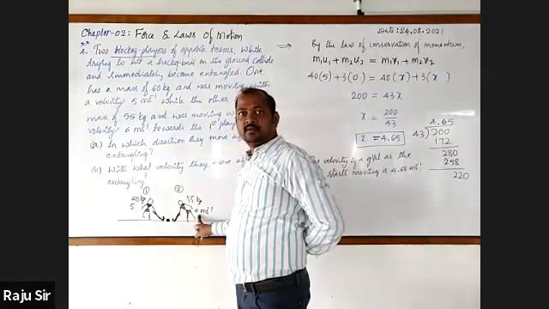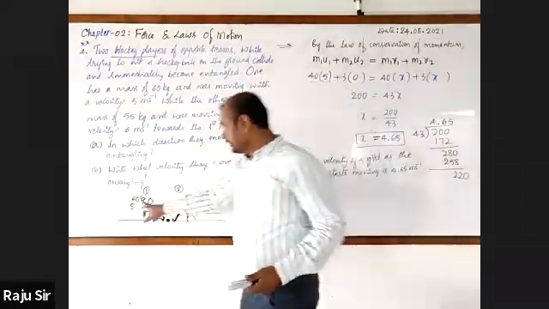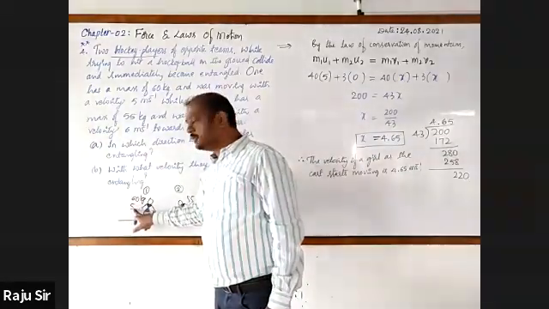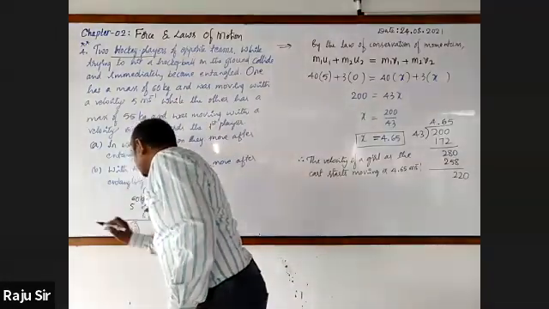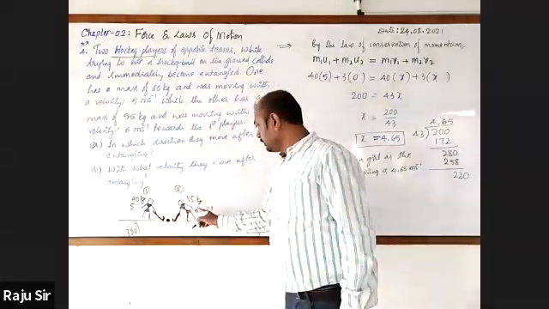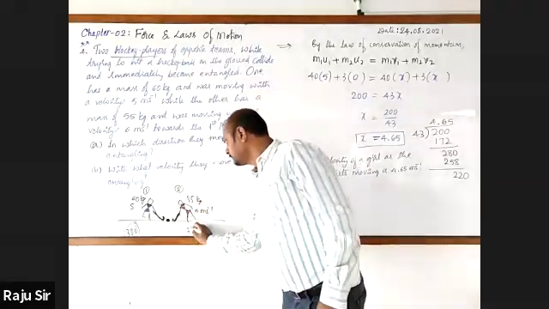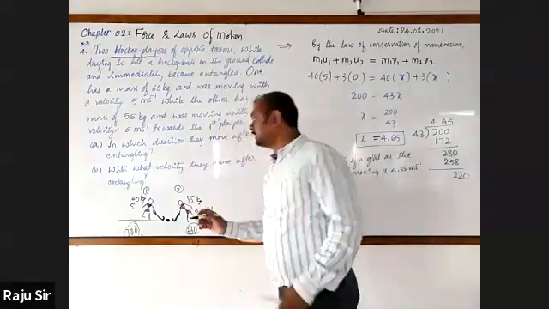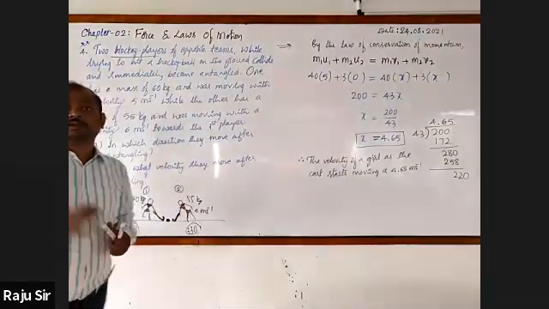No, her weight is also to be considered. 60 into 5, 300. 55 into 6, 330. So second player has more momentum.